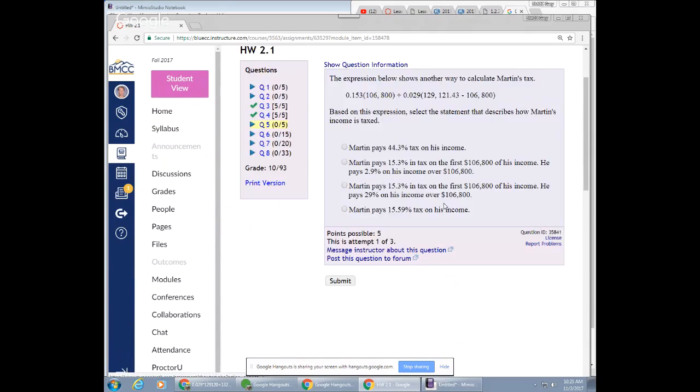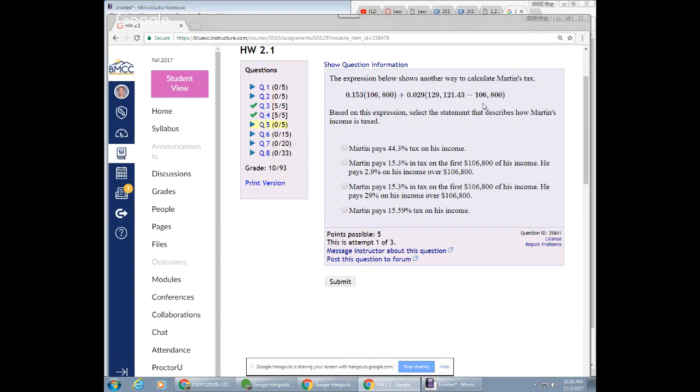Number 5. The expression below shows another way to calculate Martin's tax. Based on this expression, select the statement that describes how Martin's income is taxed. Okay, so here they're saying take 15.3% of 106,800 and then add on 2.9% of his taxable income minus the 106,800.